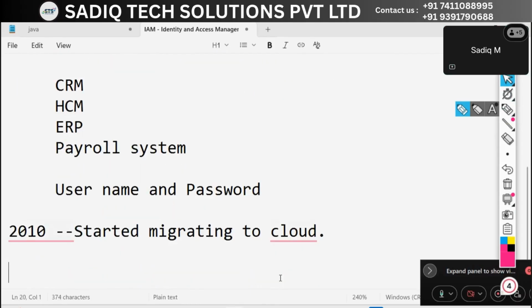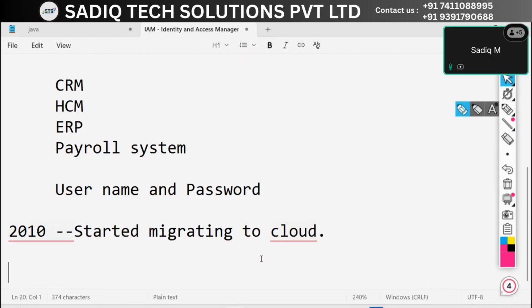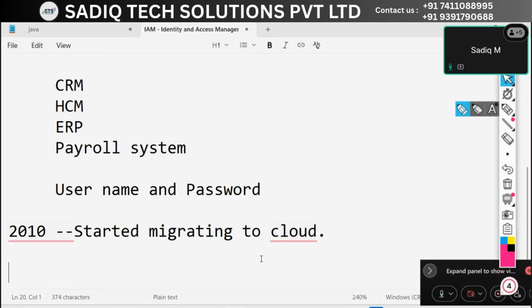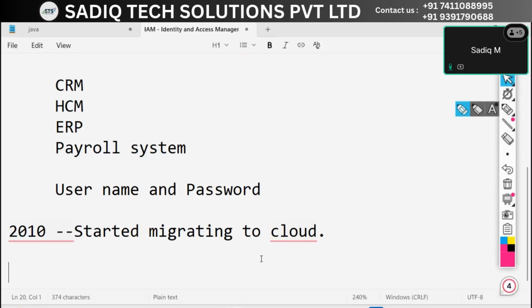So now they started looking for better, enhanced tools after 2010, because all the on-premises applications started moving into the cloud environment.